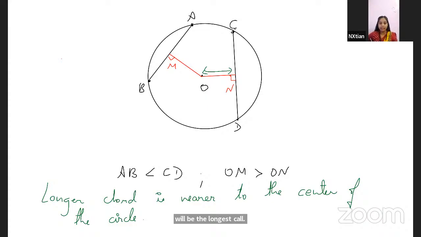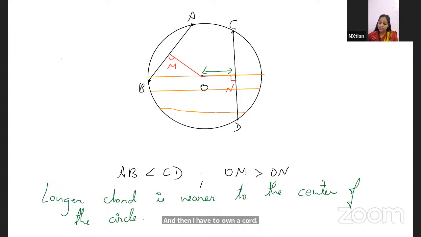But if you draw any chord that is a little further away from the center point, it keeps on getting smaller. Now take a look, suppose I have drawn a chord here, then a chord here, and then a chord here.